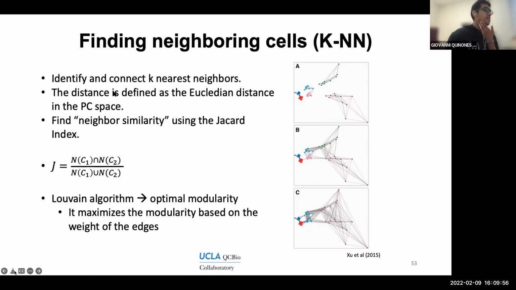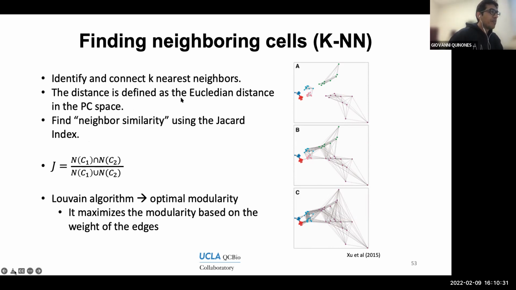The k-nearest neighbors algorithm will calculate the Euclidean distance between cells in the PC space. Hopefully all of you are familiar with what Euclidean distance is. It's just the difference in coordinates across all the dimensions, then you sum them together and get the nth root, n being the number of dimensions.